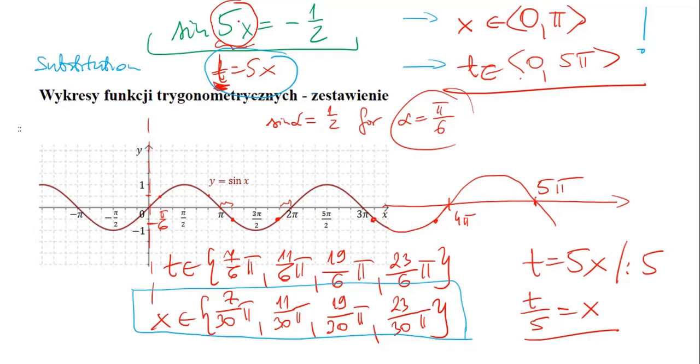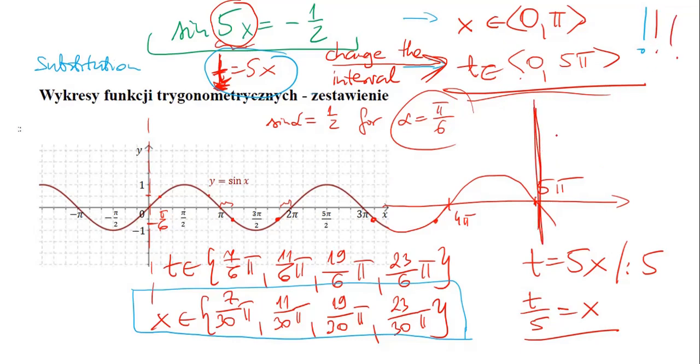So if you have anything here and you use substitution for t, okay, then we have to change the interval, because it is going to change, right? So then we don't look only for the first interval from 0 to pi, but we look from 0 to 5 pi, right? So this is very, very crucial.